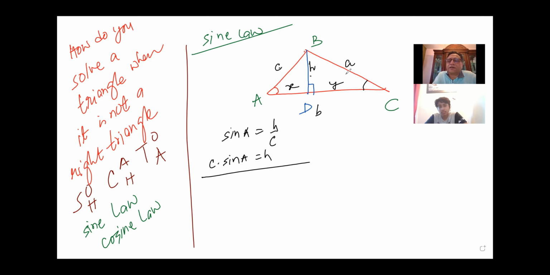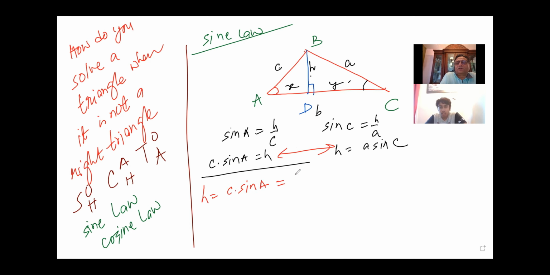Now look at the other triangle. What is sine C? It would be h over a. And that means h is a sine C. Now the height is the same, right? So h is equal to c sine A, which is also equal to a sine C. Do you see that?